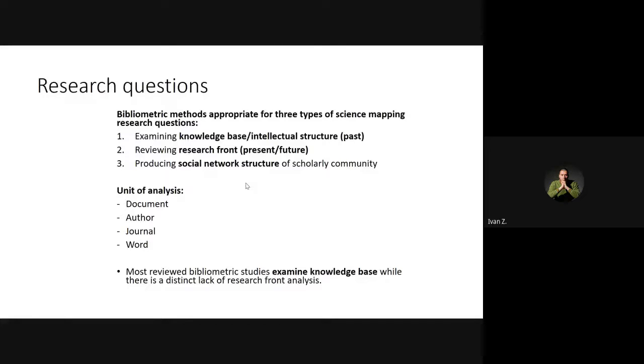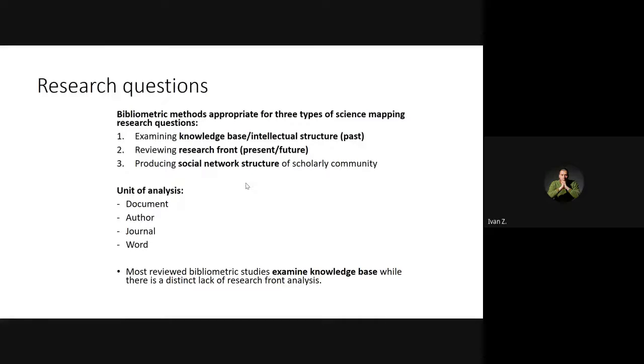So, for example, you can use bibliometric methods to identify which authors actually publish together a lot, and then draw a social network structure of the authors in a specific community, and maybe which institutions, which countries these authors come from, and so on.